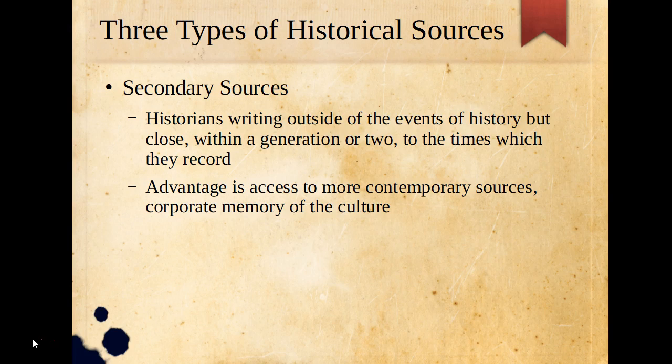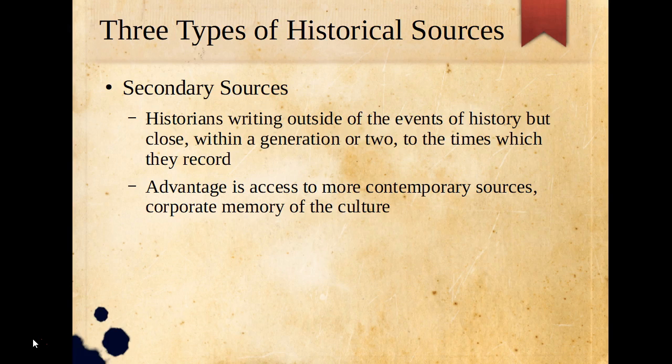So if I'm writing about Tiberius, I'm going to know a lot less than somebody who lived within a generation or two, wasn't involved in the events, didn't know the people perhaps personally, but has much better access to contemporary sources, to knowing how people want to remember him within a generation or two, rather than us trying to figure it out today, where we have centuries and millennia separating us from them.